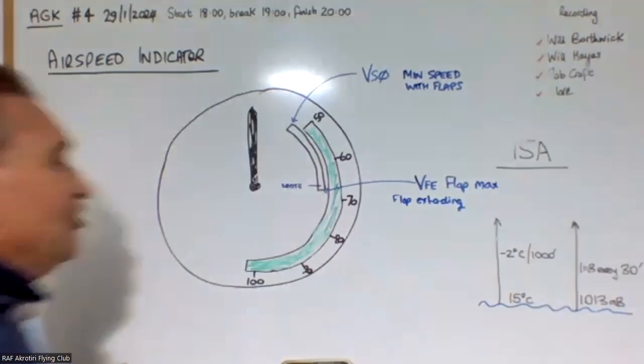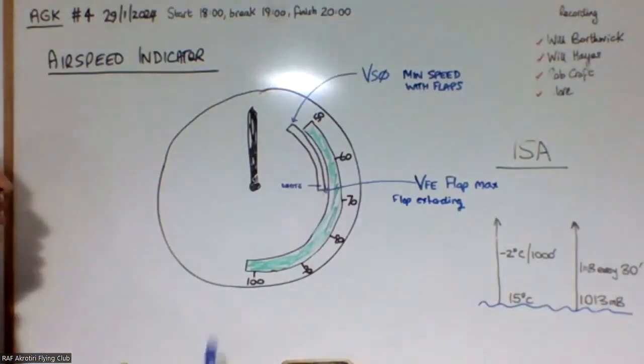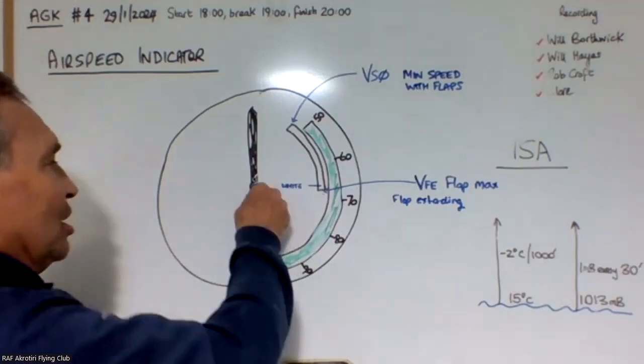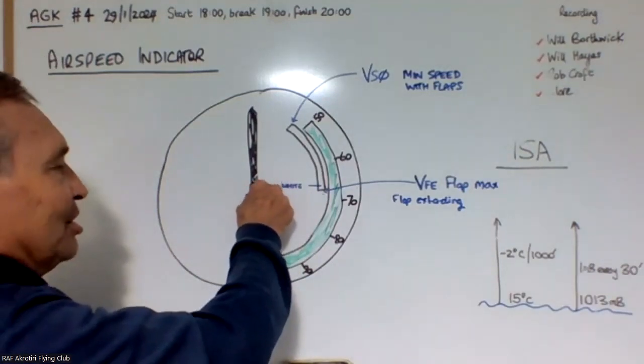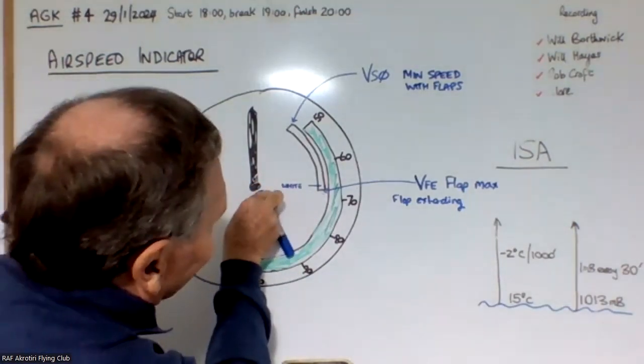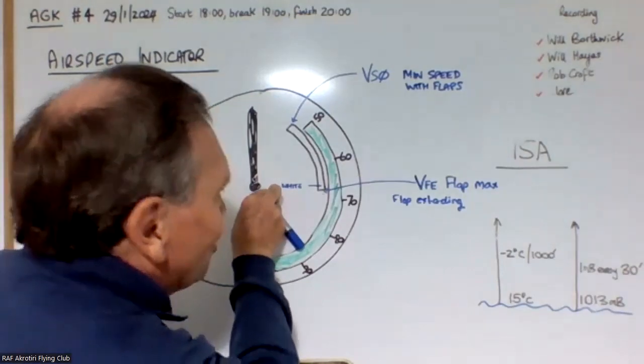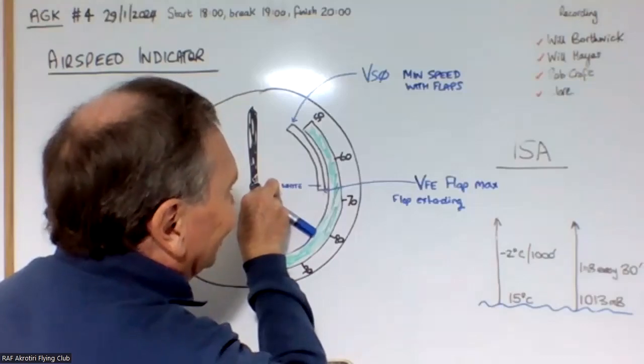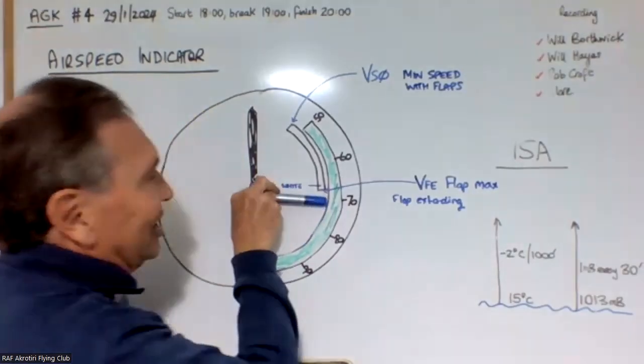In other words, the reason it's called flap extending is because typically you would be slowing down, approaching an airfield. I want to put my flaps out. I want to extend my flaps. I can't yet. Here we go.